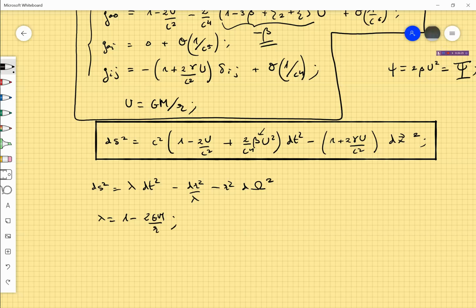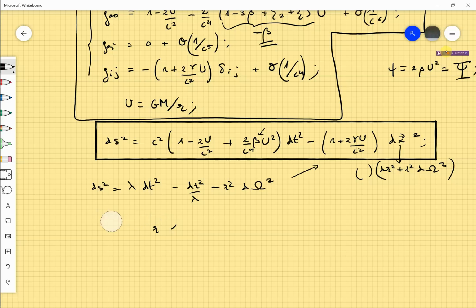And the main characteristic of this metric is that there is a common factor multiplying dx squared, which in spherical coordinates would be dr squared plus r squared d omega squared. So there is a factor multiplying everything. This is what we called isotropic coordinates, because there is a common factor multiplying something which is the same in every direction. Okay, so how do we go from these coordinates to these coordinates?